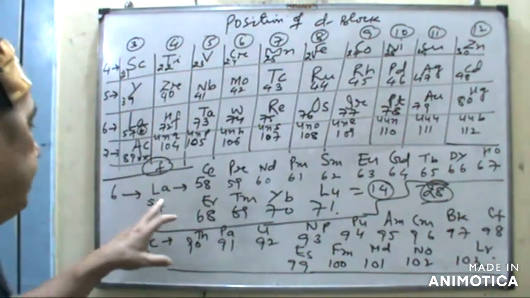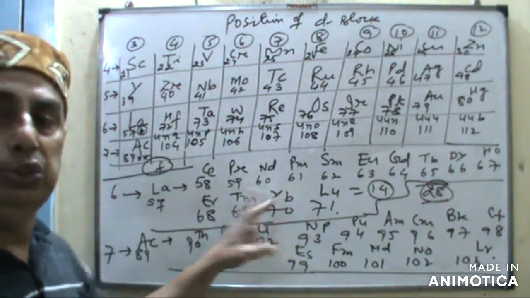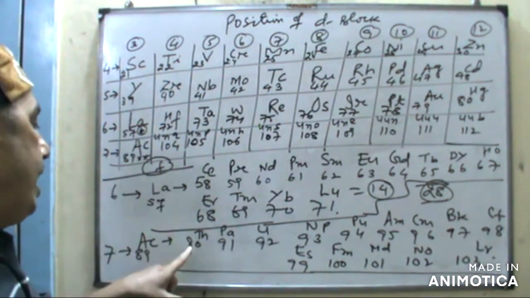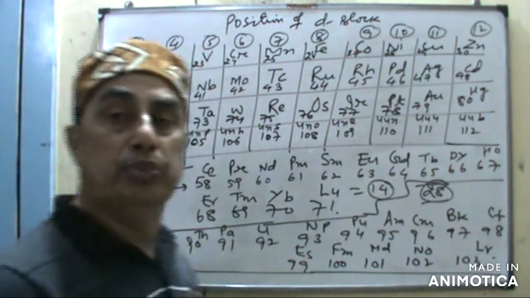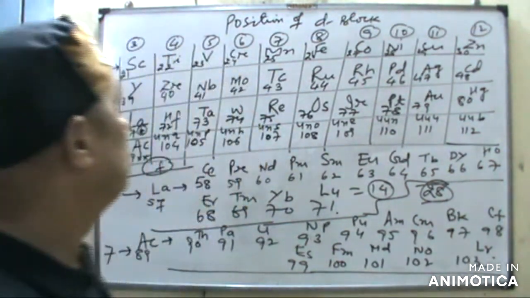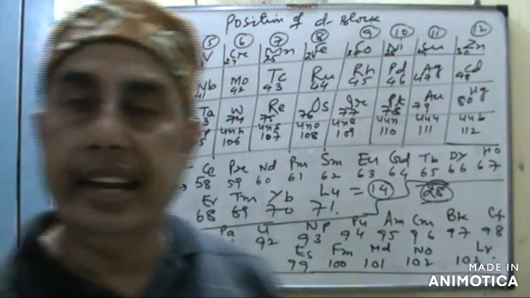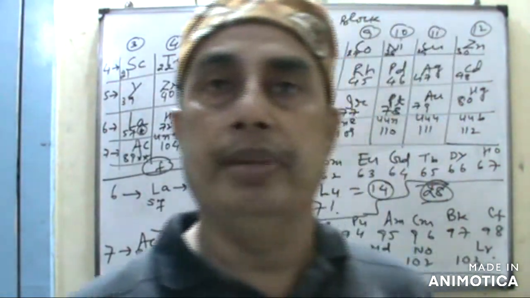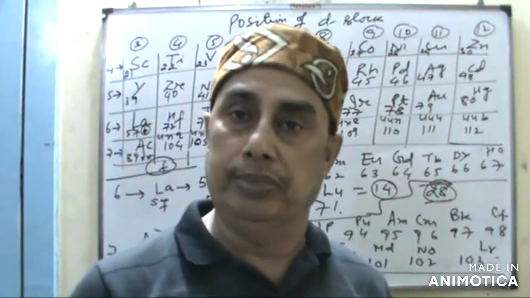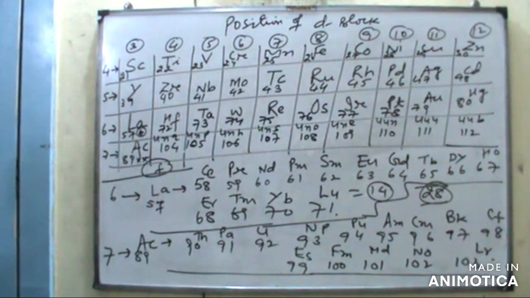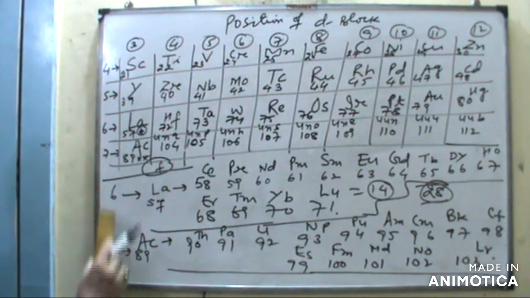In the 6th period next to lanthanum is the lanthanide series, and in the 7th period just next to actinium is the actinide series, which starts from thorium. So dear students, you have to remember and retain the atomic numbers and names of all the elements, because these are an integral part of the 12th class. Am I right? So let us discuss the properties of D block elements.